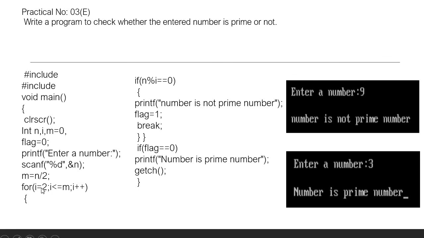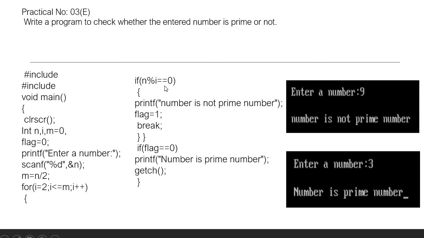Now within the for loop, i is equal to 2, meaning the i variable is holding value 2. Now if that number 2 is less than or equal to the number, whichever number the user has entered divided by 2, it goes on incrementing.